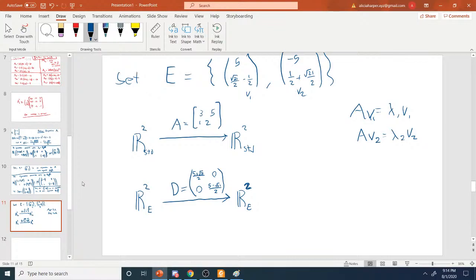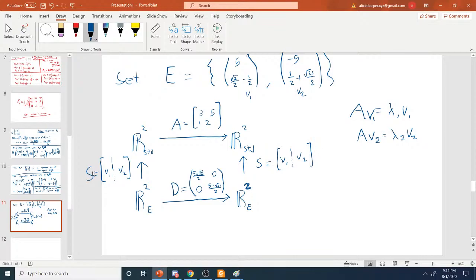And then we also have a map from this to this, and from this to this, given by a matrix S, where the first column of S is V1 and the second column of S is V2. And likewise over here, the first column of S is V1, the second column of S is V2.